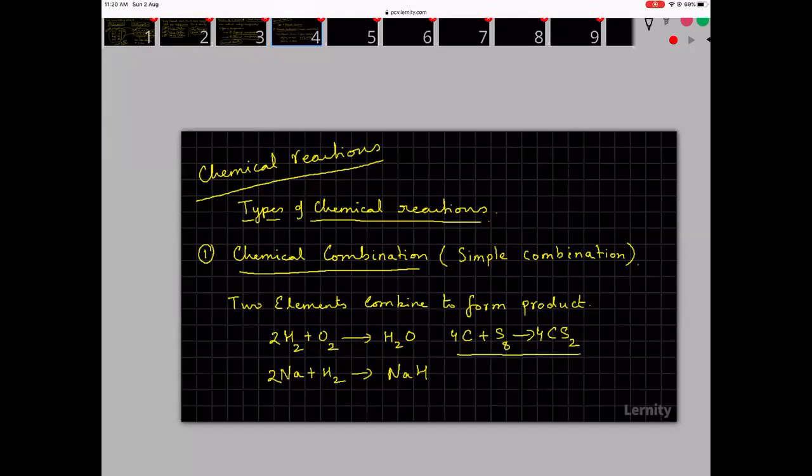Hydrogen combines with chlorine to form HCl, hydrogen chloride. H2 plus O2 will form water. Sodium plus H2 will give NaH. Carbon plus sulfur will give you CS2. H2 plus Cl2 gives you 2HCl. So these are all simple combination reactions.